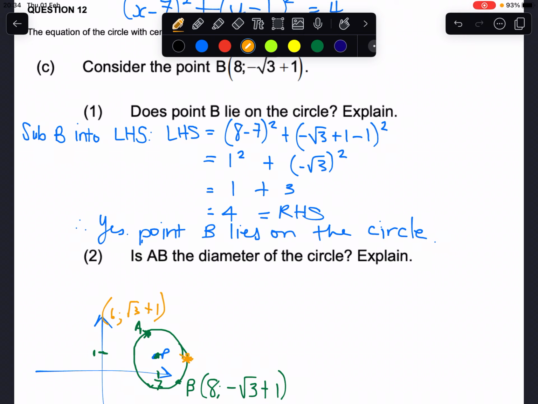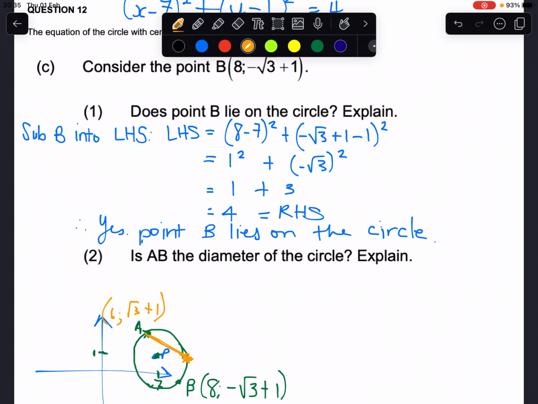Then this chord over here, well, first and foremost, can we agree that the diameter will always be the longest chord in the circle? Is that something we can take for granted? Intuitively, it feels true.